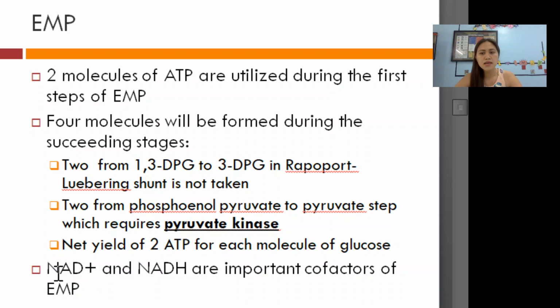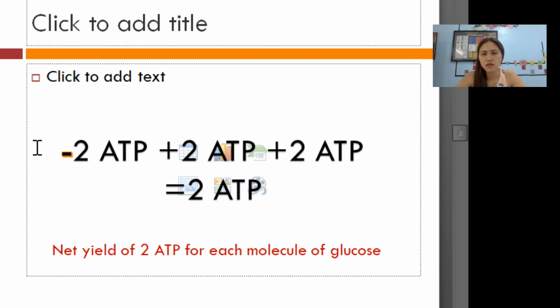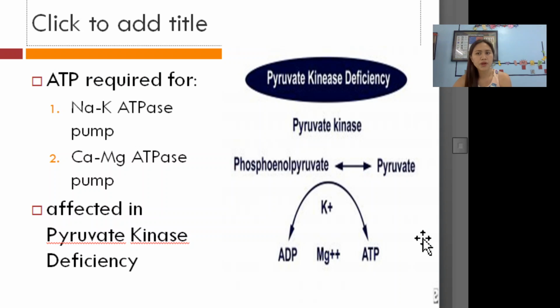So NAD plus and NADH, the reduced form, are very important cofactors of your Embden-Meyerhof pathway. So again, as I've said, nag-utilize of 2 ATP, naka-generate of 2 ATP, plus naka-generate na po og another 2 ATP. Okay? So again, net yield of 2 ATP for each molecule of glucose when being processed with glycolysis.